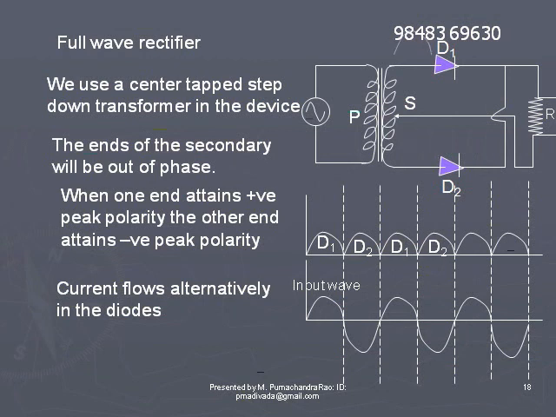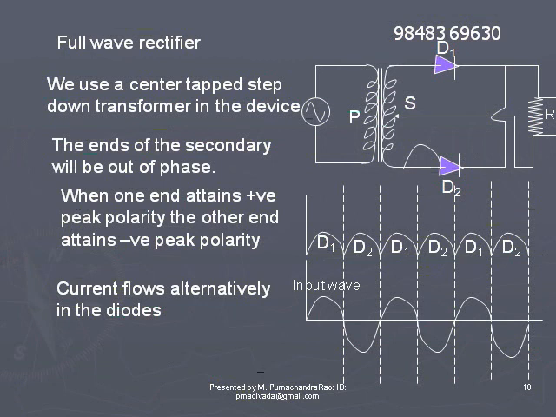When the negative half cycle appears across D1, a positive half cycle appears across D2, and thereby D1 becomes reverse biased and no current flows through D1, but D2 is forward biased, so a current flows through D2. So the second pulse is due to the diode D2.